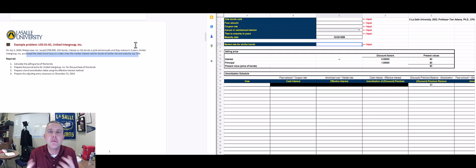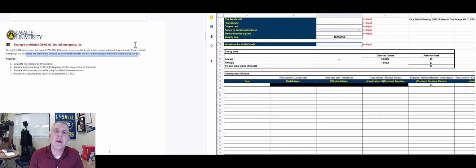Okay, so what's Masterware to do here? If Masterware tries to sell these bonds and keep the same face value and keep the 12% coupon rate, then nobody's going to buy their bonds, because somebody could go and make a similar investment and get 14% interest instead of 12.